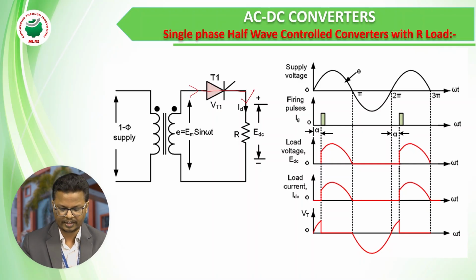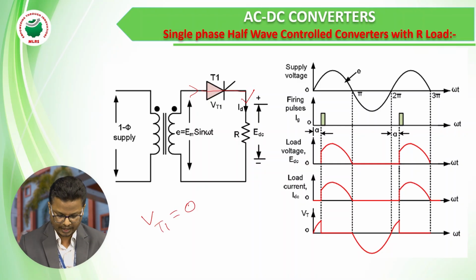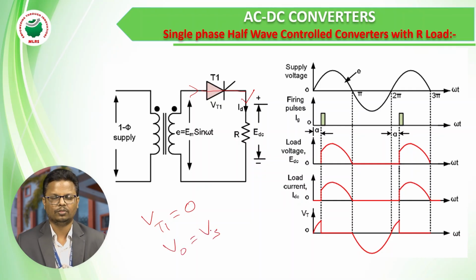So at the thyristor VT1, the voltage is equal to 0, and at the load V0 is equal to Vs. So when the thyristor is on, the voltage across the thyristor is 0 and the voltage across the load is source voltage. Okay, and the current I0 is equal to Is.